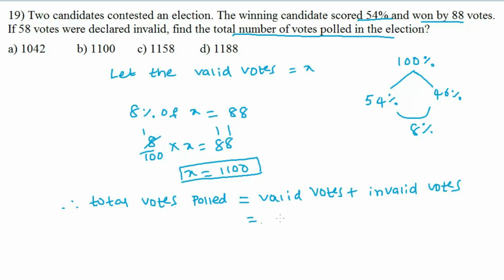Total votes polled equal to valid votes plus invalid votes. Valid votes 1100 plus invalid votes is 58 equal to 1158. Option C.